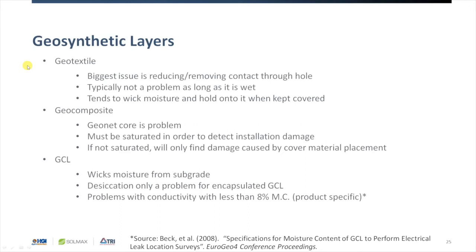When it's exposed, like it's on top of a drainage layer, it dries out really quickly in the sun, and you need to add moisture if you're going to read voltage through that layer. However, a thicker geotextile is going to be harder to get water through. So the thicker the geotextile, the more of a problem it is. And no matter what, when you have a small hole, the geotextile is still going to make kind of like a bridge over the top of it and keep moisture out a little bit unless it's really, really wet or actively leaking.